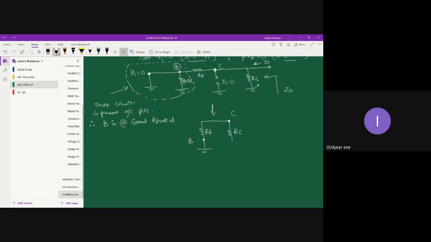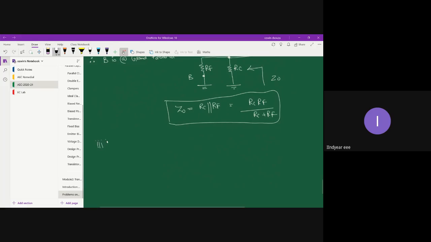Other end of RC is grounded, and this is your Z0. So what is Z0? Z0 is basically a parallel combination of RC and RF. So it is RC into RF divided by RC plus RF. So that's your Z0, parallel combination.